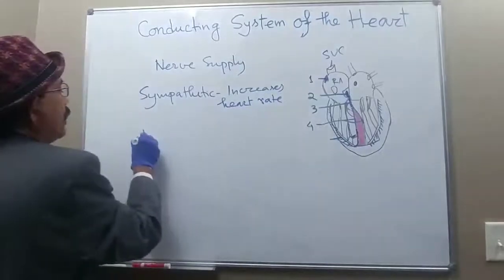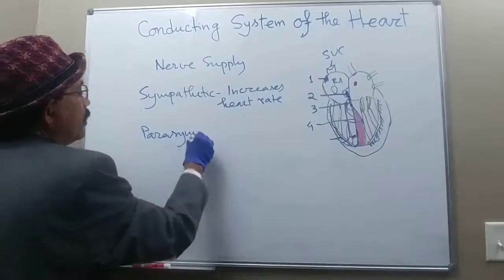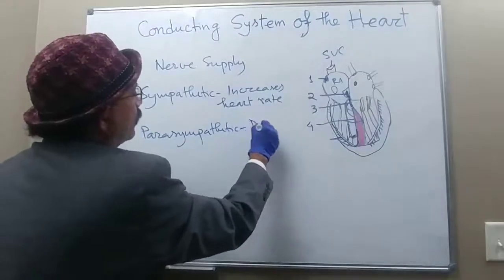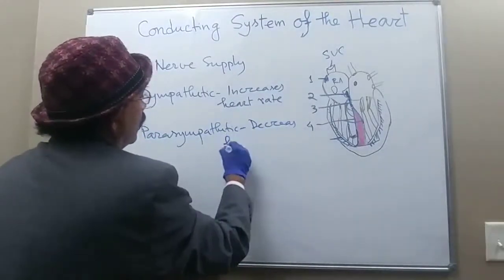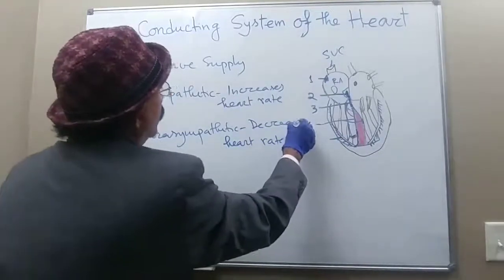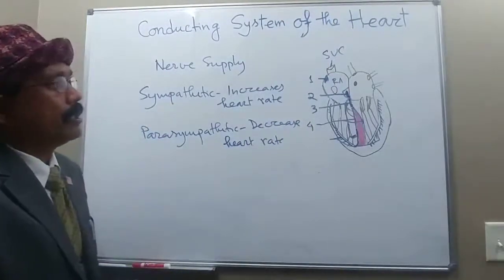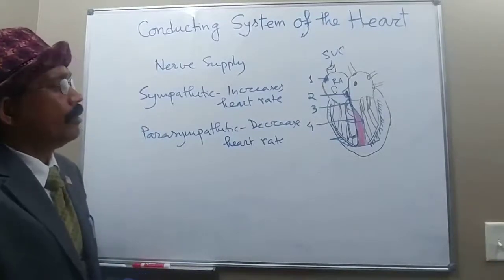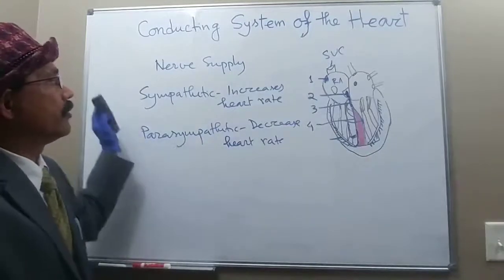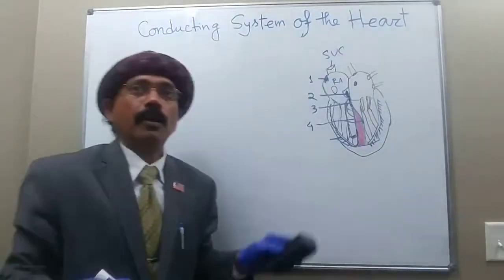Parasympathetic, that is mostly the vagus nerve, will decrease heart rate. Okay, we got the role of the autonomic nervous system to regulate the impulse rate. Sympathetic increases heart rate, parasympathetic decreases heart rate. Okay, we got the nerve supply of that.